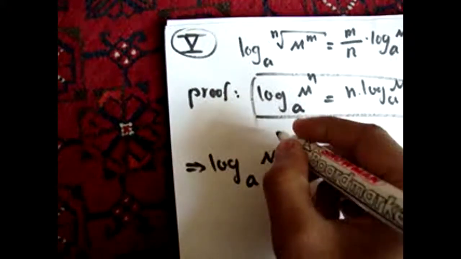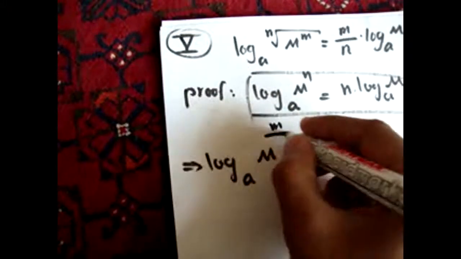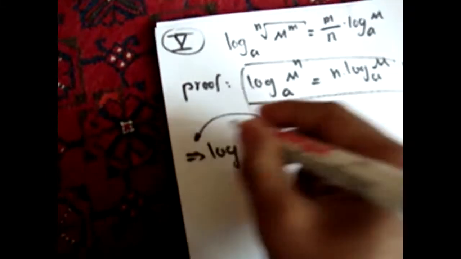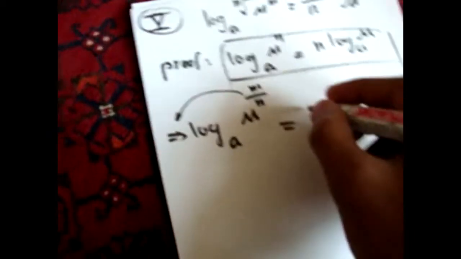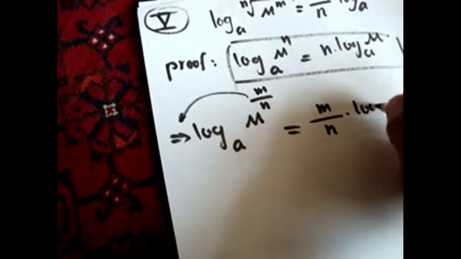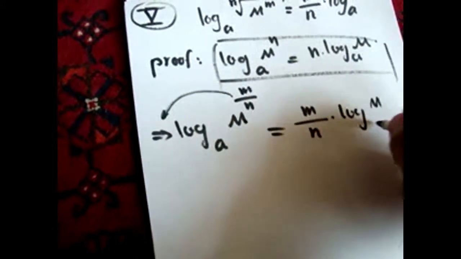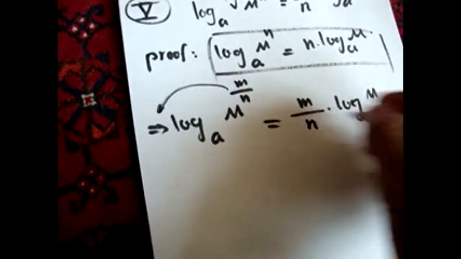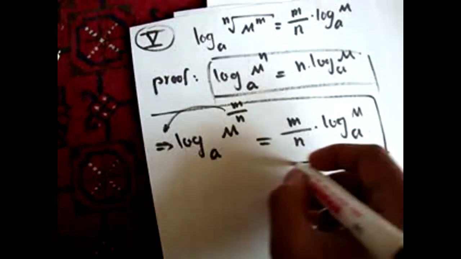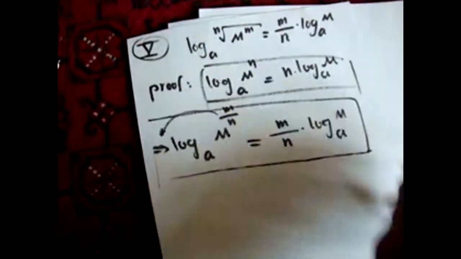So I can write it m over n. By the use of this law, this becomes the coefficient of this logarithm. So m over n times log base a of m. So we proved that this is really equal to that.